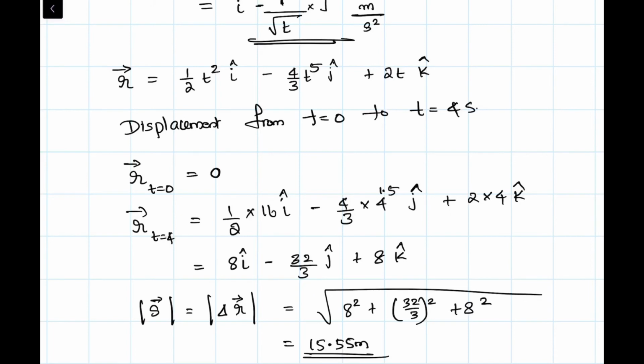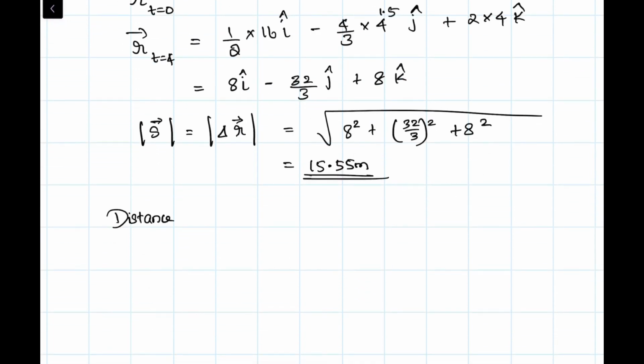We have to calculate distance in a different way. We know that distance is equal to the integral of velocity from t equal to 0 to t equal to 4. This is something that we have to do, so be careful. It's not the change in position, you get the displacement, because the displacement does not depend upon the path, it only depends upon the initial and final point.